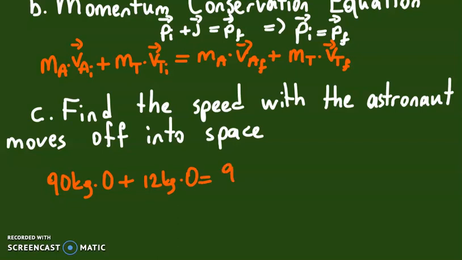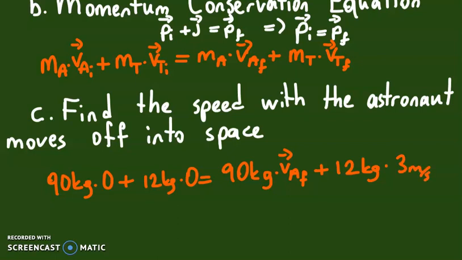Mass of the astronaut is 90 kilogram, velocity of the astronaut final, that is question mark. And mass of the tank is 12 kilogram, and velocity of the tank is 3 meters per second.